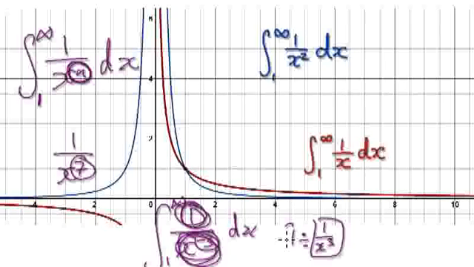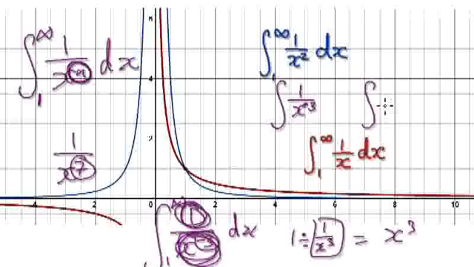So when you try and integrate 1 over x to the power of negative 3, that's the same as integrating this. These two are the same.